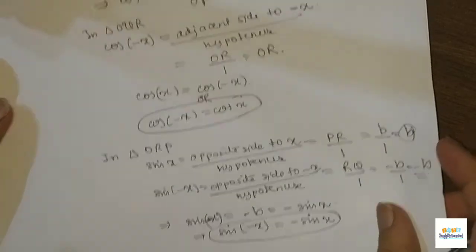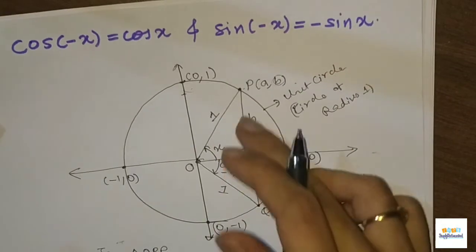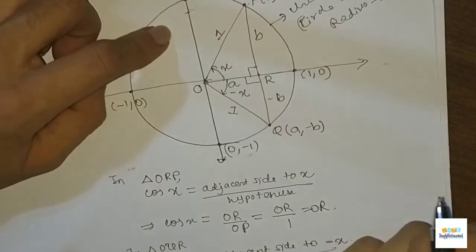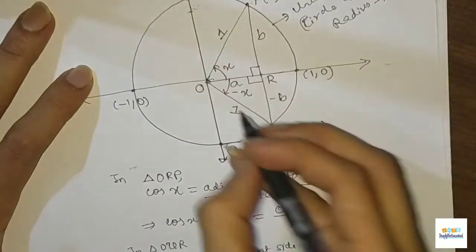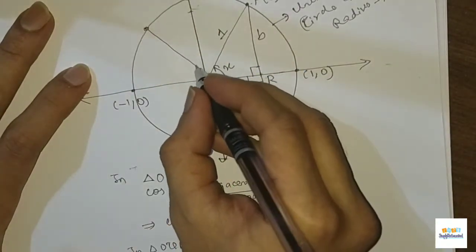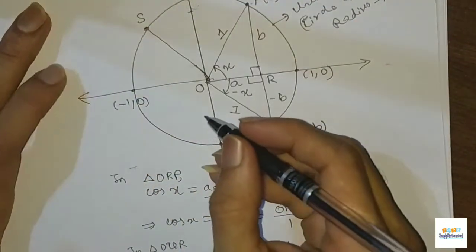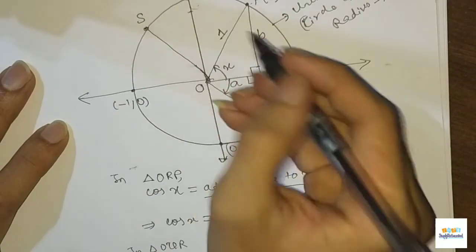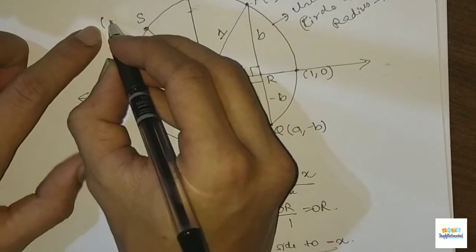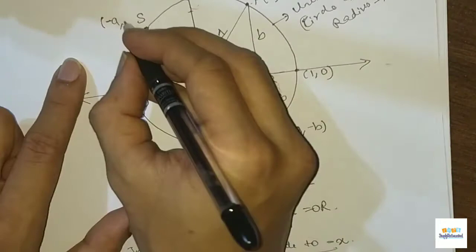Now both the formulae we got are for these two quadrants. But what about the angles in these other quadrants? Now if you draw angle x here, let us call this point S. This point will be minus a, because you have the negative x-axis here, comma b.